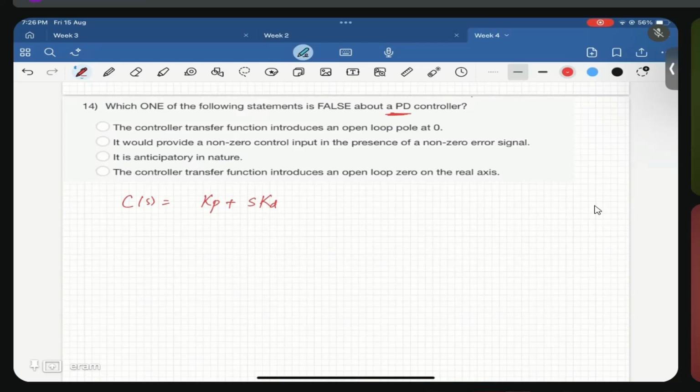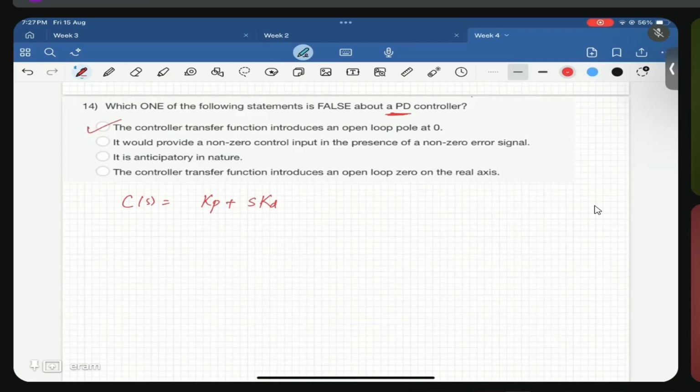It is false, because we have no poles here. We don't have any poles, so there is no pole at s equals 0. So this one is false.